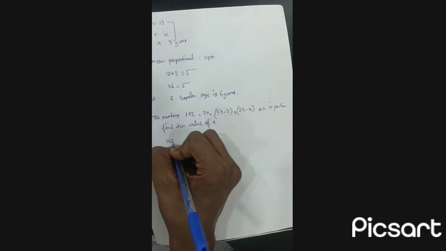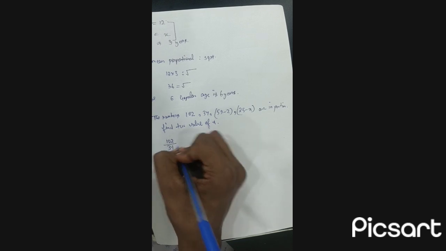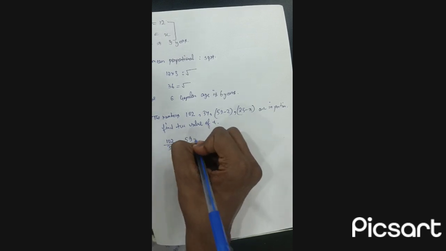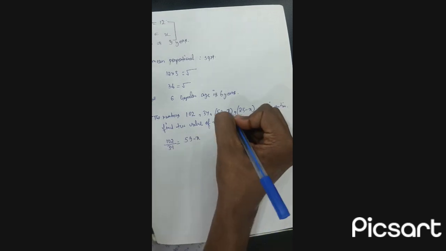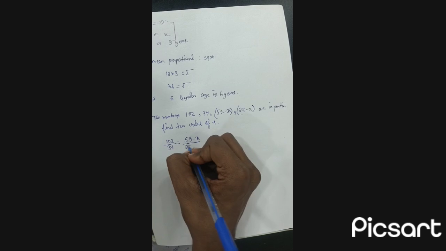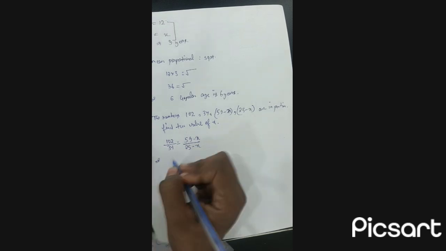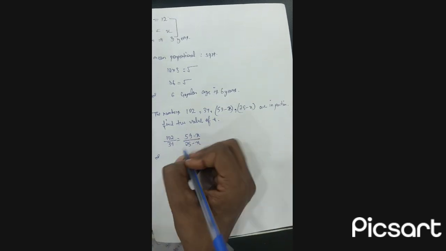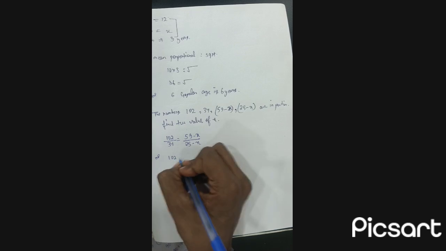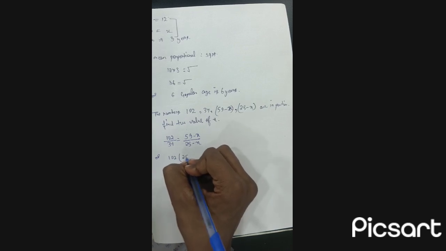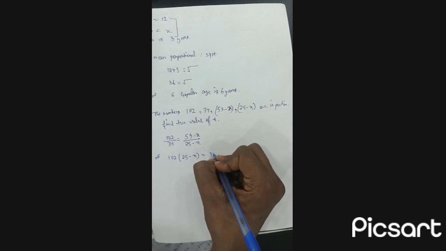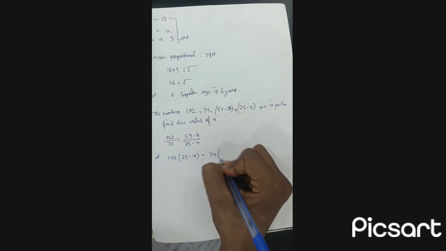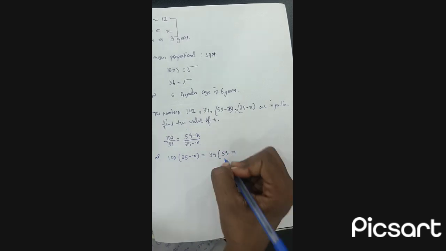It means 102 upon 34 is equal to 59 minus x upon 25 minus x. From here, cross multiplying, we get 102 multiplied by 25 minus x equals 34 into 59 minus x.